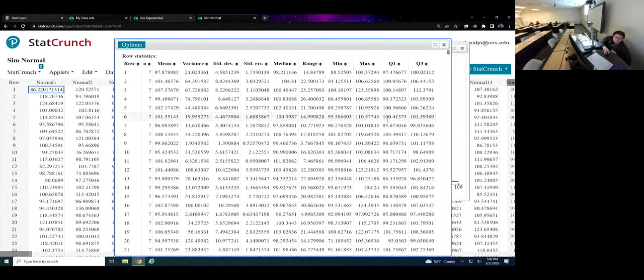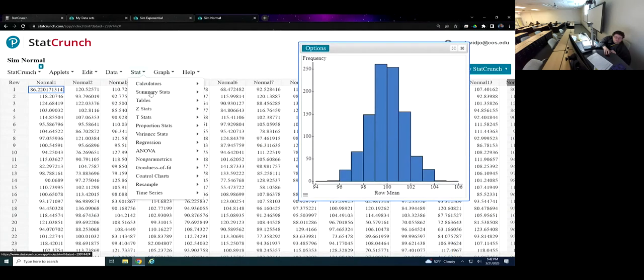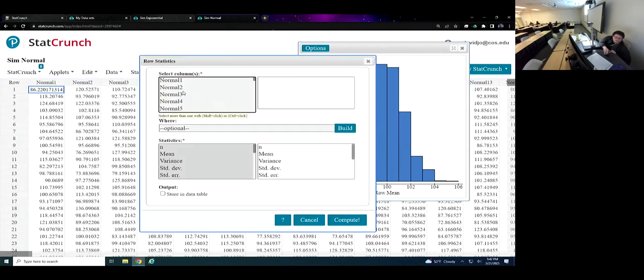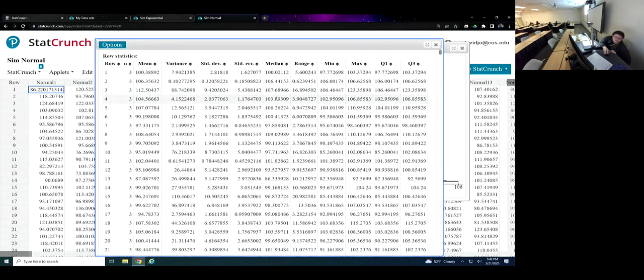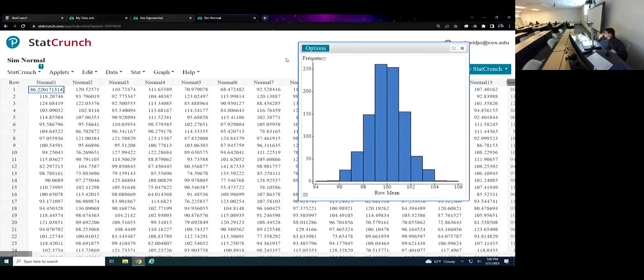Still doing the same thing. Why? I want to do it across rows. Yeah, it's doing all the rows. Never mind.